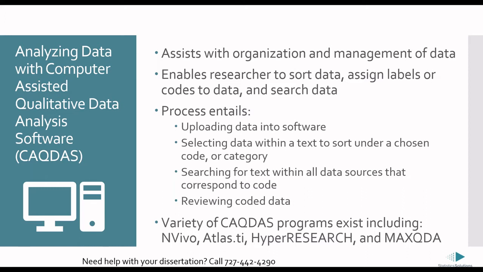And usually these will be statements that relate to your research questions. And so you highlight those, and depending on the way that the computer program works, you'll highlight the statement and just click a button, and it'll ask you to type in the name of the code that you want, and you'll just do that in the program, and it'll store that passage of text and that code. And so then you can go back, and again, it depends on the program, but it's really a process of double clicking on the code, and then you can see all of the passages that have been coded the same way.